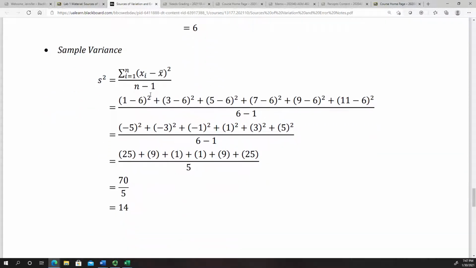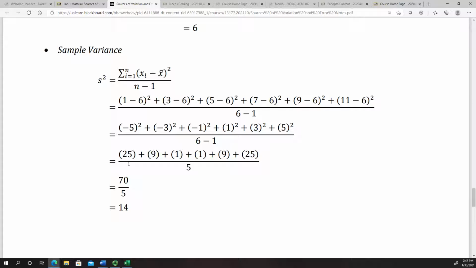So we have 1 minus 6 squared plus 3 minus 6 squared plus 5 minus 6 squared plus 7 minus 6 squared plus 9 minus 6 squared plus 11 minus 6 squared. And that'll be divided by our number of samples, which was 6 minus 1, because we're doing the sample case. If we were doing the population variance, then it would be divided by 6 instead of 5.